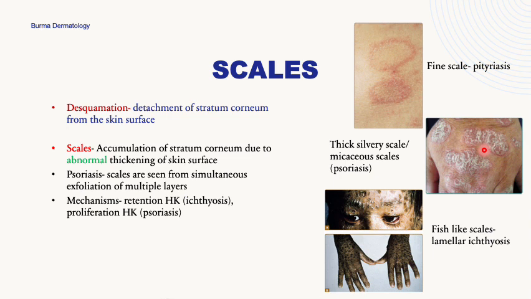In retention hyperkeratosis, the layers in the stratum corneum are too thick to be desquamated, and so are seen as large scales after abnormal accumulation like this. But in proliferation hyperkeratosis, the thickened lamellated scales are seen because the epidermis exfoliates due to overproduction of keratinocytes.